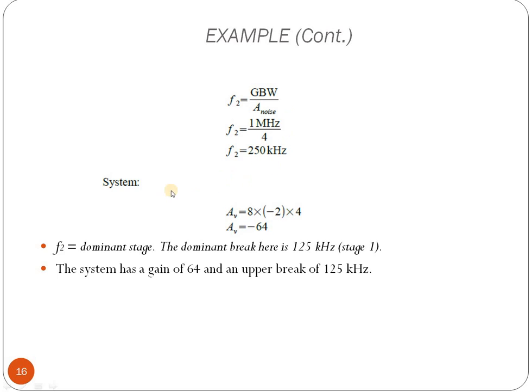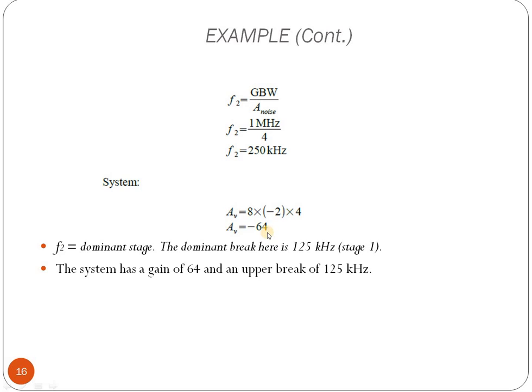If we want to calculate the total system gain, the equation is AV equals the multiplication of all the individual gains. So 8 into minus 2 into 4, and you must remember that this is the voltage gain, not the noise gain. So the result is minus 64. That is the gain.